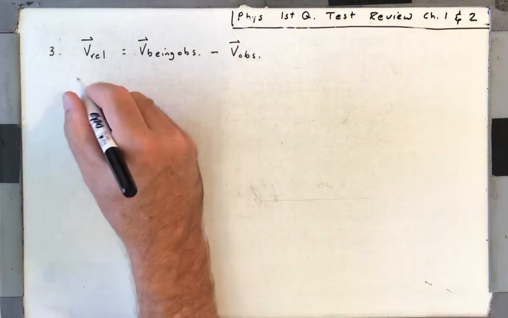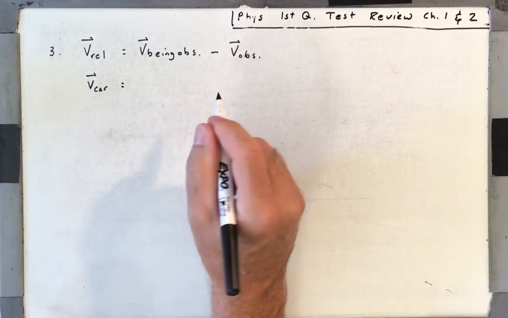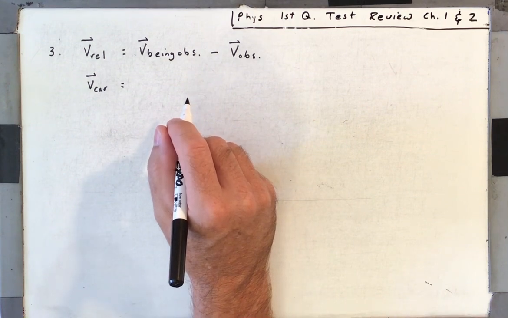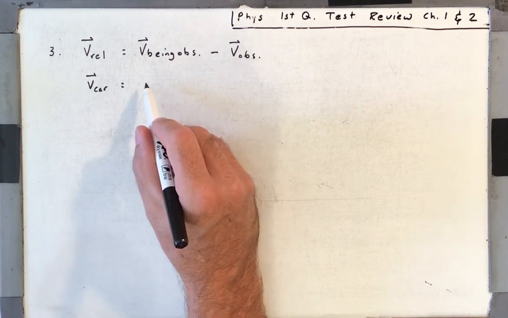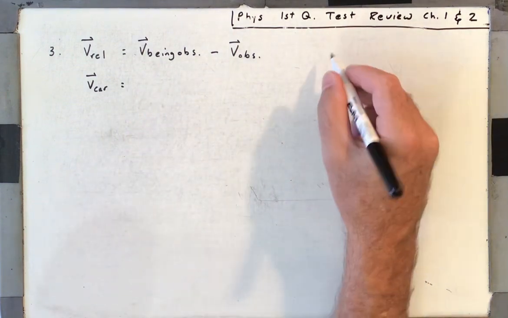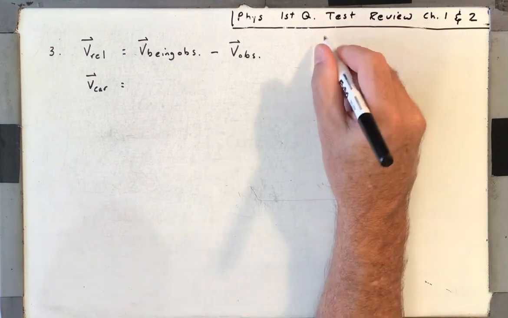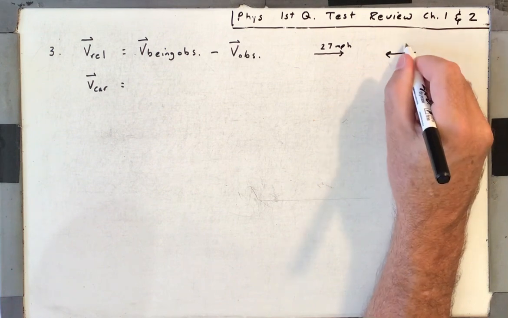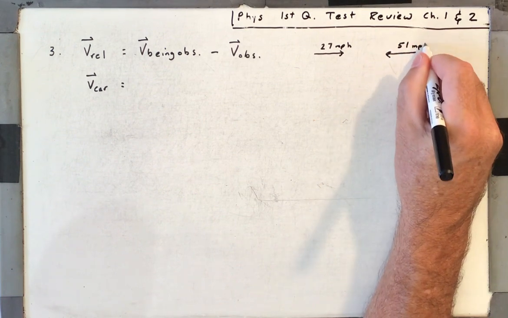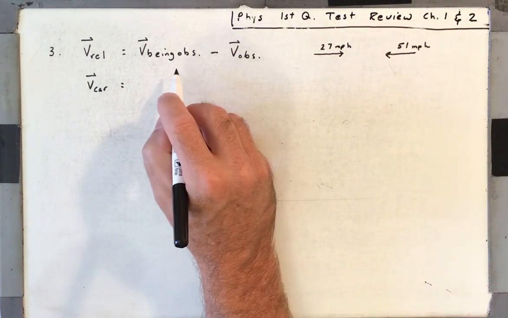All right, so the velocity of the car is equal to the velocity of what is being observed. Okay, so what is being observed is the car by the truck. The car is going 27 miles per hour east. The truck is going 51 miles per hour, and east is positive.